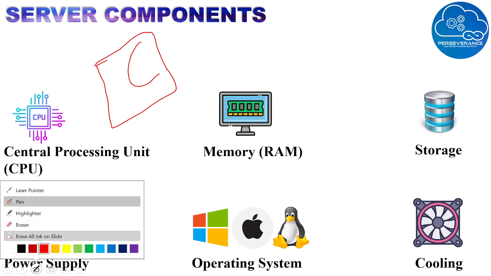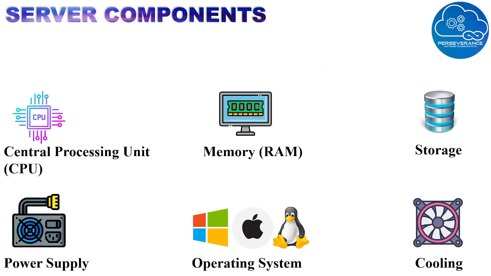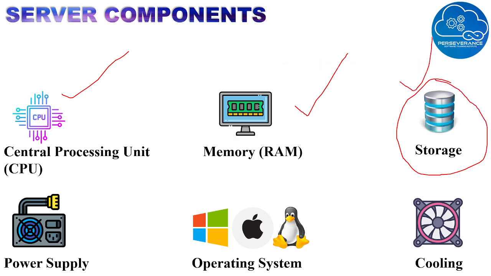But ideally, the requirements which help us run a computer are: we have a CPU, the heart of a computer. We have RAM, which helps the computer system run any software. We have storage to store data, like hard disk, C drive, D drive, and all. Then a power supply, without which it cannot kickstart.